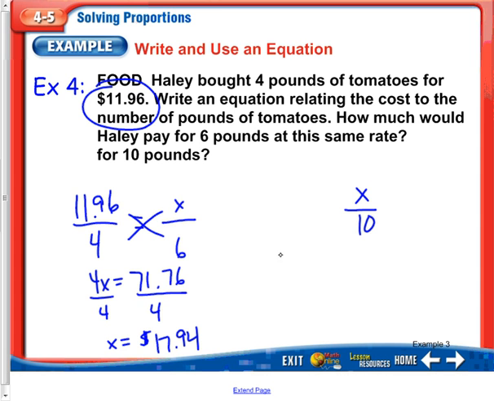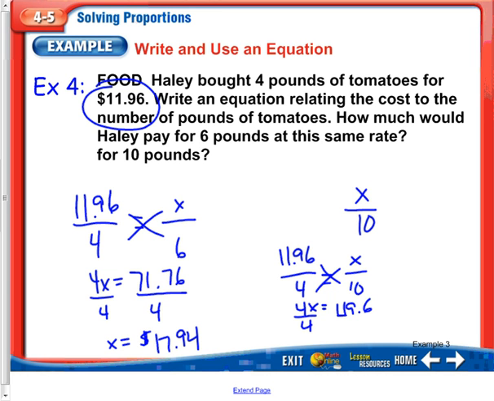So now if we want to do it again, we're going to do 11.96 over 4 equals x over 10. Again, cross multiply, so we get 4x equals 119.6, because we're multiplying by 10. We just move the decimal point.